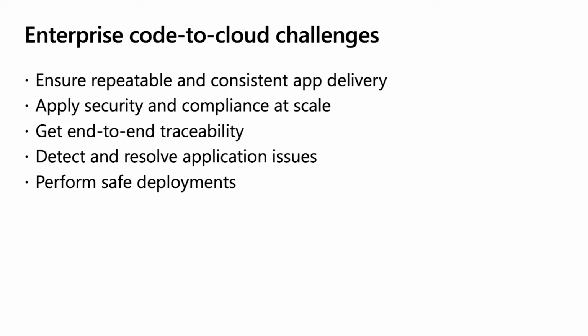Second, enterprises need to reduce the risk associated with the changes. Developers need an ability to review the changes before the code gets merged with the main line. Ops need an ability to have the change management process with their CI/CD pipelines. They need to prevent unauthorized deployments to production, and need to ensure resources stay compliant with the corporate standards.